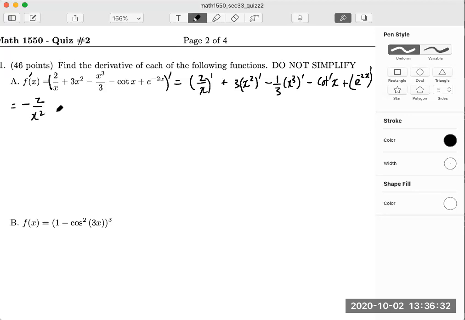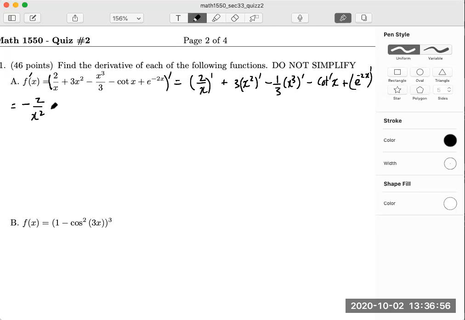You apply the quotient rule. Okay. Good. So how about the second term? 6x. Yes. Derivative of x squared will be 2x, and 2 times 3 gives us 6x.